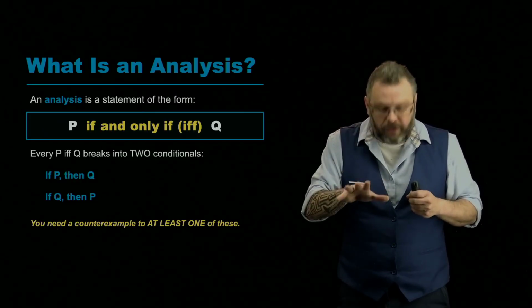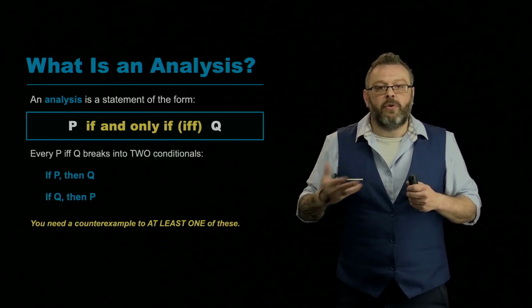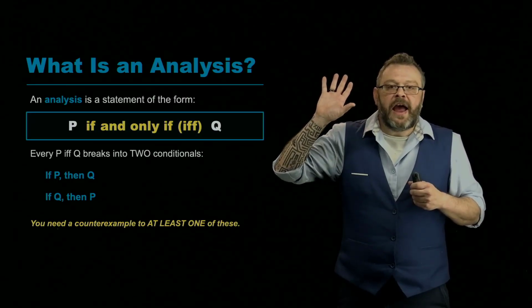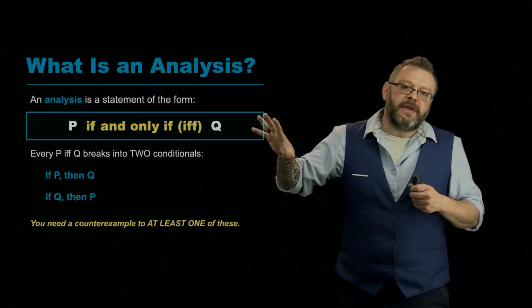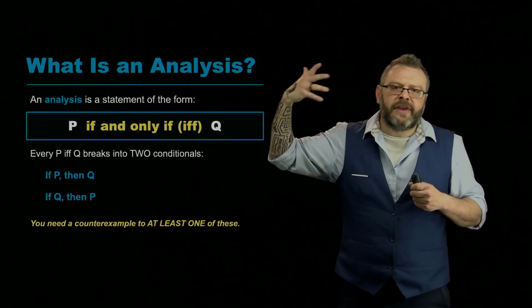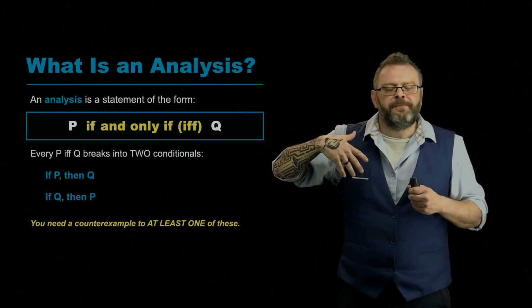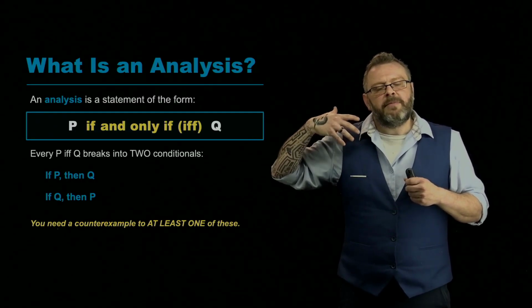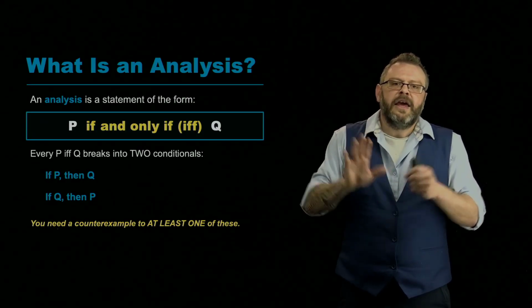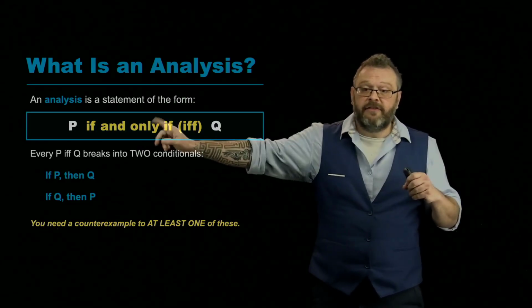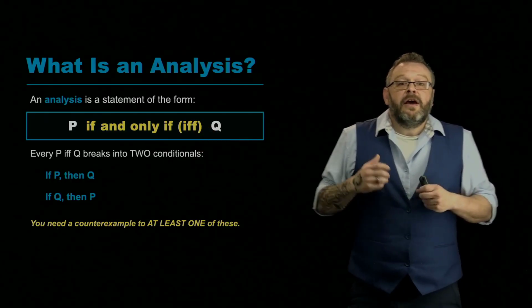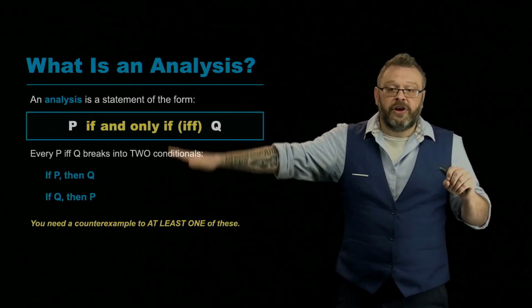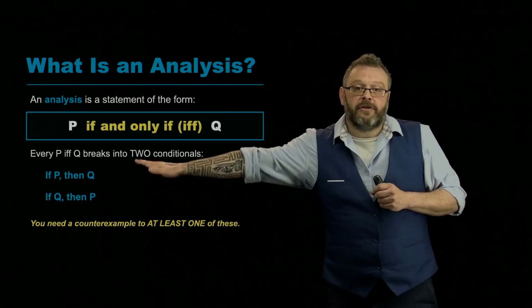So that's step one of identifying what an analysis is. Now, I'll go ahead and tell you what the module test is going to be like. You're going to have some questions maybe about just, hey, is this a good counterexample to this conditional? You'll have a question maybe that says, here's an analysis, here's an if and only if statement. Just give me the two conditionals that comprise it.